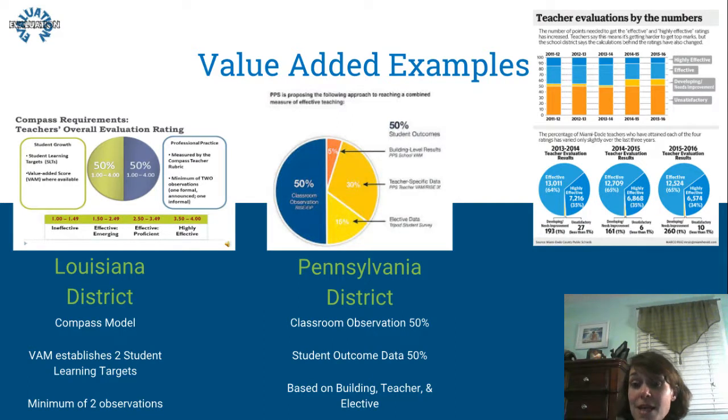And you're looking at the percentage of effective versus highly effective teachers. And again, the argument of using a value-added model is that it is going to increase teacher effectiveness in the classroom. If you look at the statistics given by Dade County, you really don't see a whole lot of variability. You see pretty much numbers staying the same for at least 3 years straight.